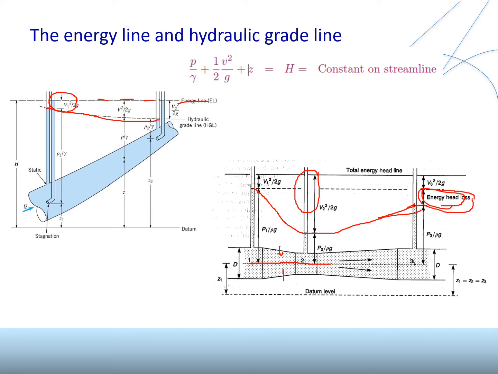So as you calculate the total energy at any point, you need to calculate the energy loss from its upper section to that point. So you need to add that loss also in the calculation of the total energy line.